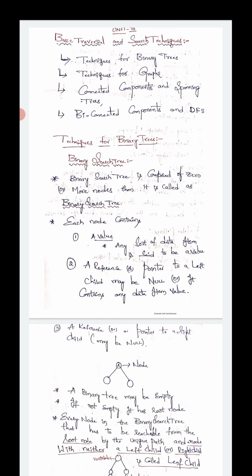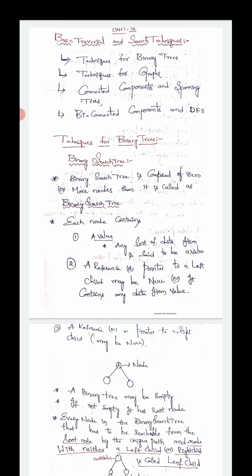In this binary search tree, each node contains a value and a reference or pointer. What is the meaning of value? Any sort of data item is said to be a value.